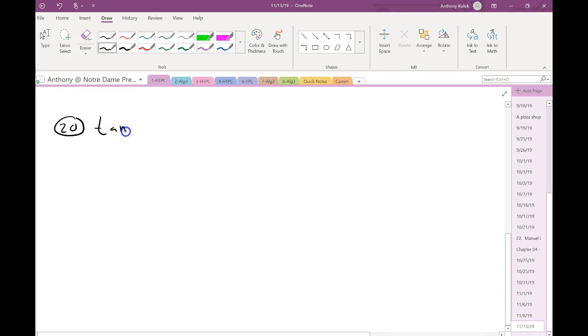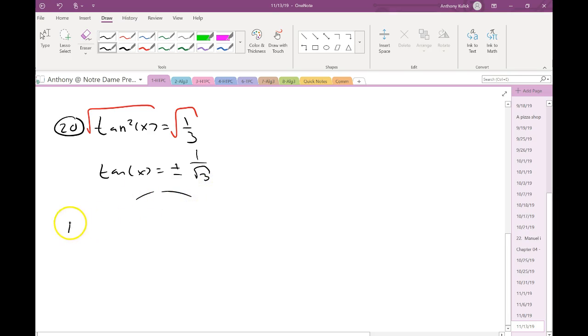So 20, tan squared of x equals 1/3. First thing I'm going to do, square root both sides. So that's going to give me plus or minus, and then 1 over the square root of 3.